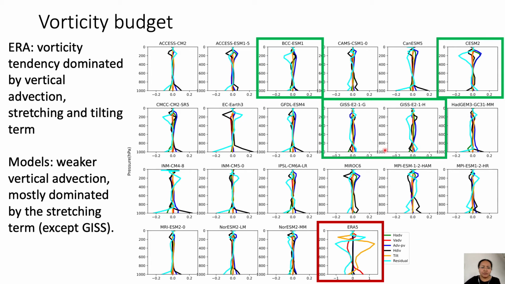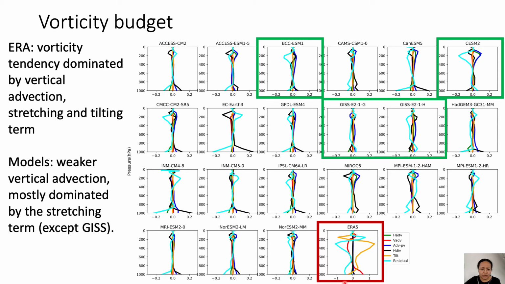Also, we looked at the vorticity budget. Down here is the ERA5. In the ERA5, the vorticity tendency is actually dominated by the vertical advection at low level, which is in red here, and the stretching and tilting terms.